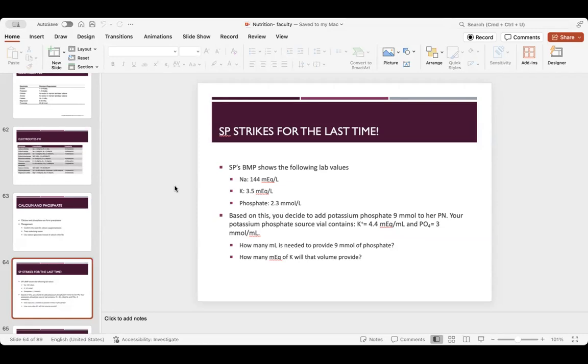So in practice, for instance, if you were going to give 100 ml in total, would it be logical to make 50 ml with phosphate and the other 50 ml with calcium and give them as two separate bags at two separate times? Well, you don't need to pull both of them out of the parenteral nutrition. You can have either one in the parenteral nutrition.